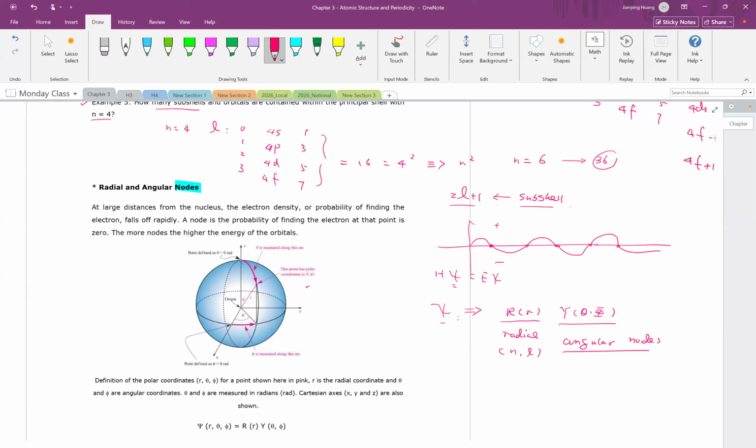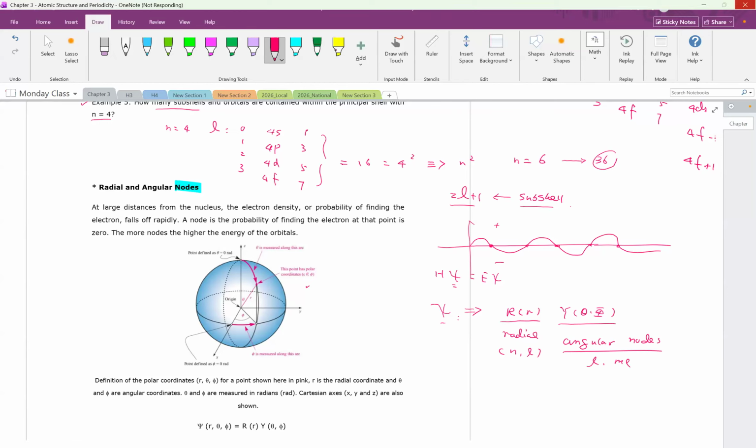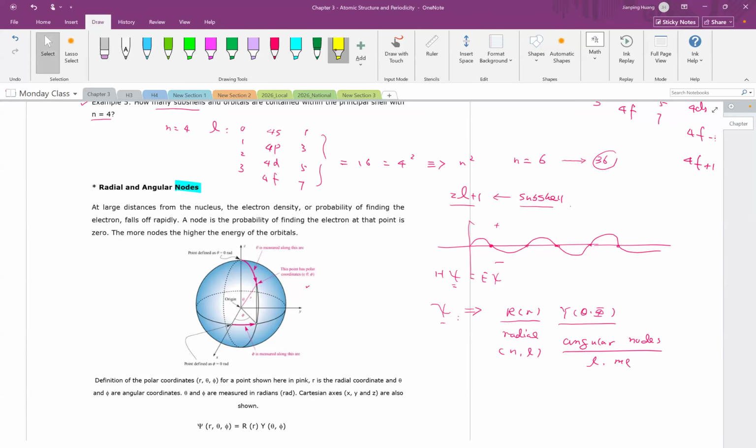And that node related to L and ML. Now, class, in terms of nodes, we are going to divide the two. And what's the purpose? That one is easy to understand.